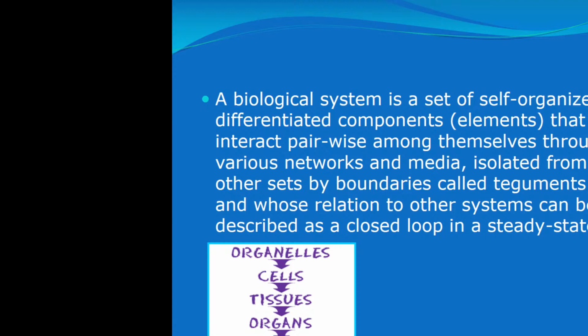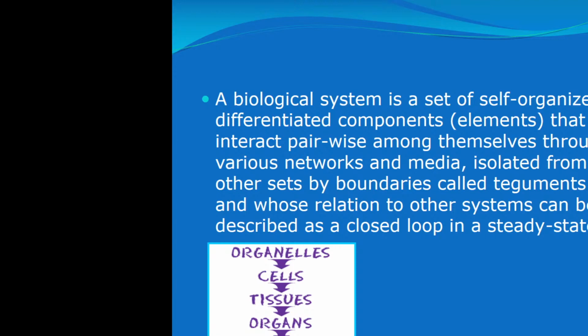In agreement with this definition, a living organism can obviously be regarded as a biological system, including any individual organism within and the organs that constitute it, as well as their organization.